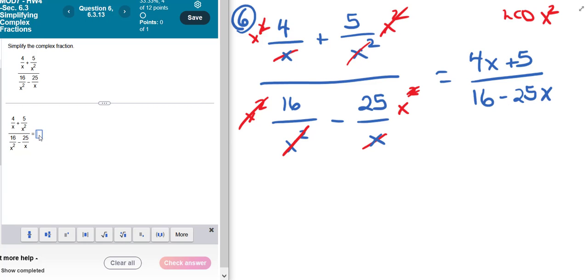And this one does not factor. Our exponents are 1. All we could try is a GCF, so there's nothing we're going to be able to do there to help us out. So 4x plus 5 over 16 minus 25x.